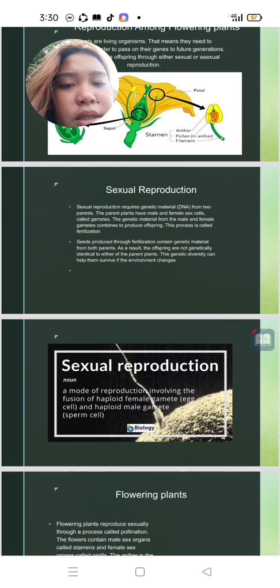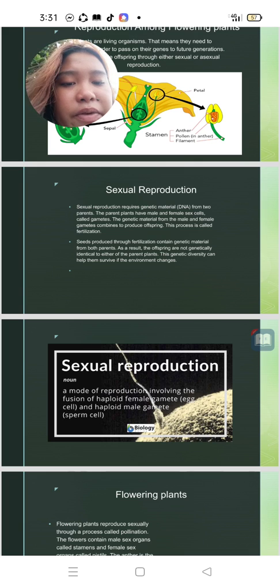This process is called fertilization. Seeds produced through fertilization contain genetic material from both parents. As a result, the offspring are not genetically identical to either of the parent plants.